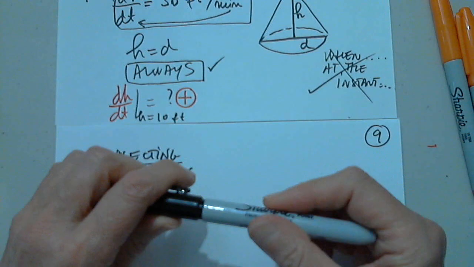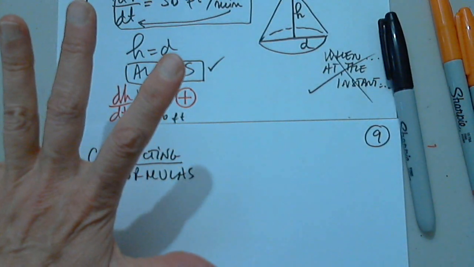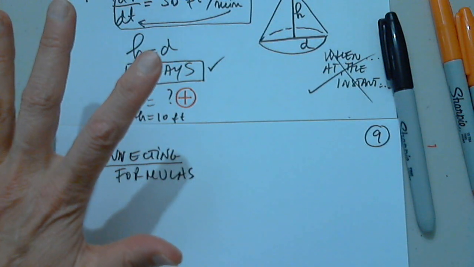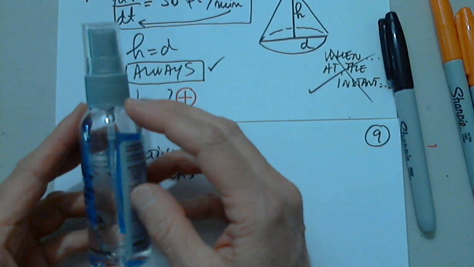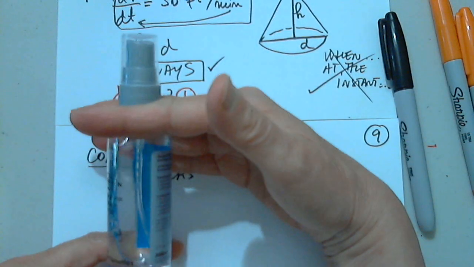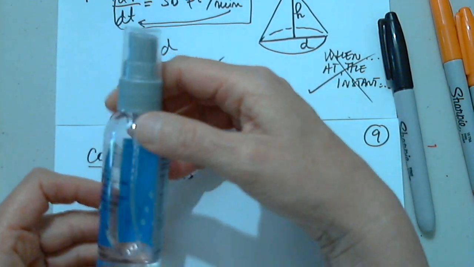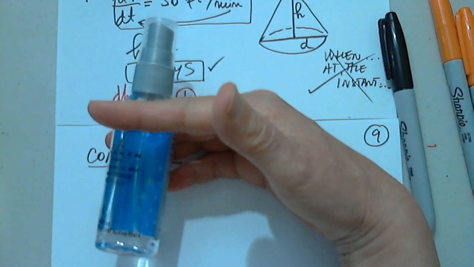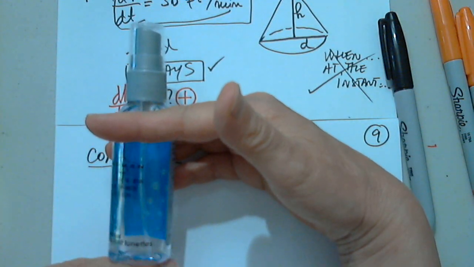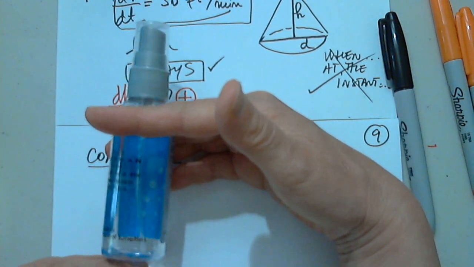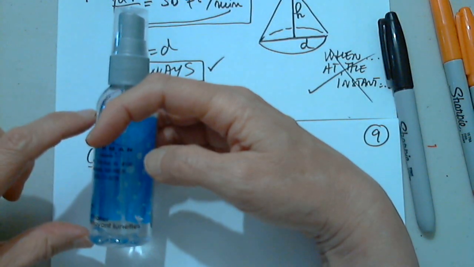Imagine that this is a cylinder. What is the volume of this cylinder? Area of the base times the height. Area of the base, pi r squared, because it's a circle. So pi r squared times the height.